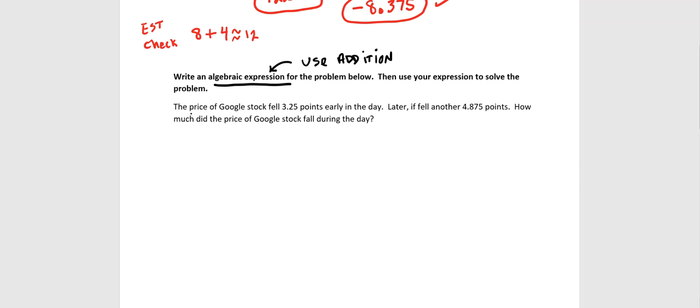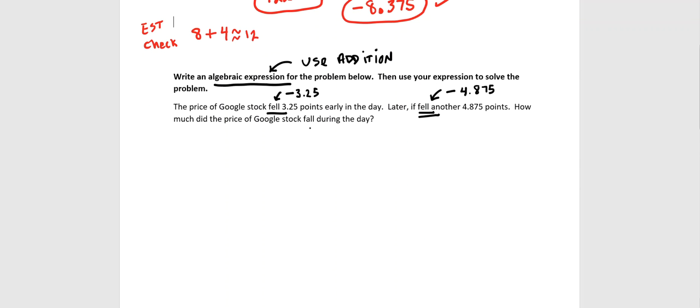So the problem says the price of a Google stock fell 3.25 points today. Now we should realize that falling means that you're moving in a negative direction. So that's like a negative 3.25. Later in the day, it fell another 4.875. So once again, we're realizing that's a negative movement in the price, negative 4.875.